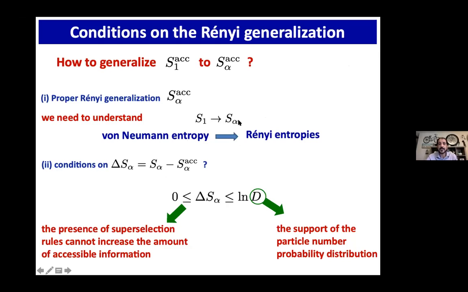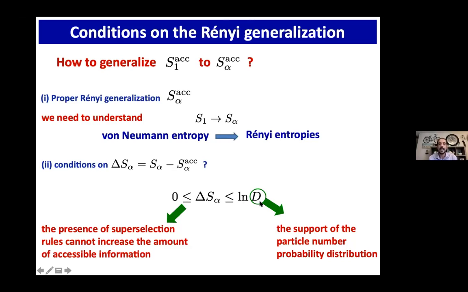restrict this measure of S alpha accessible. What we know is that the difference between the total entanglement and the accessible entanglement, what we call delta S alpha here, must satisfy this inequality, which simply says that the difference must be positive. So we cannot gain more information due to conservation law. And at the same time, the total loss of information cannot exceed log of d, where d is the support of the particle number distribution.